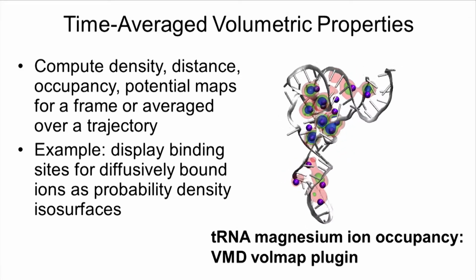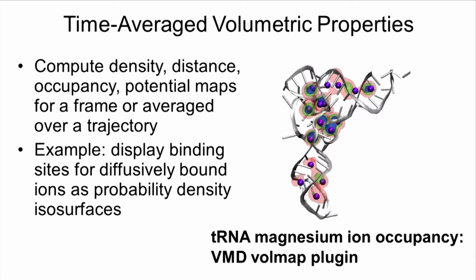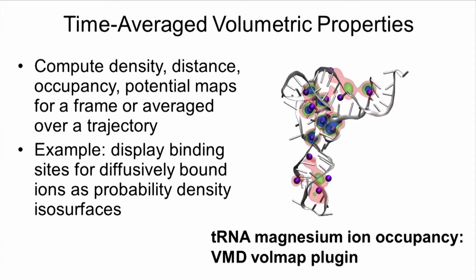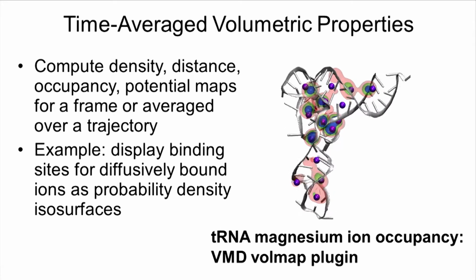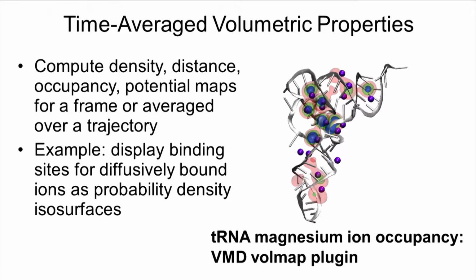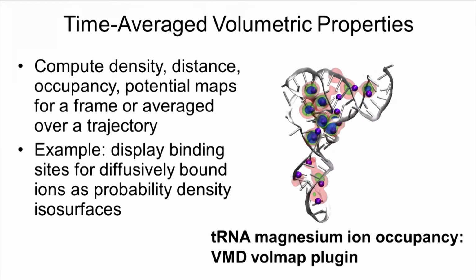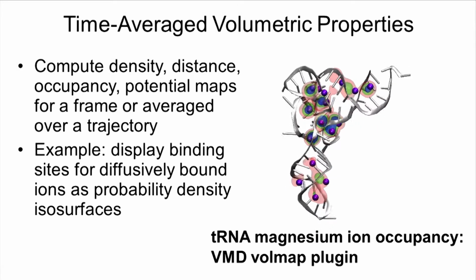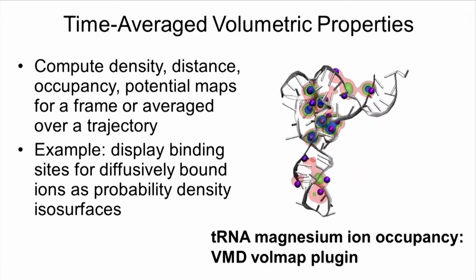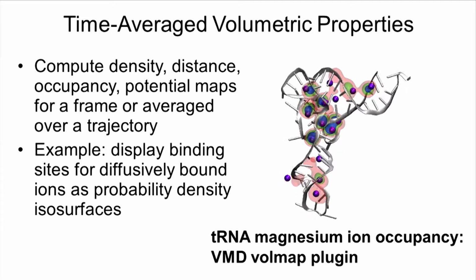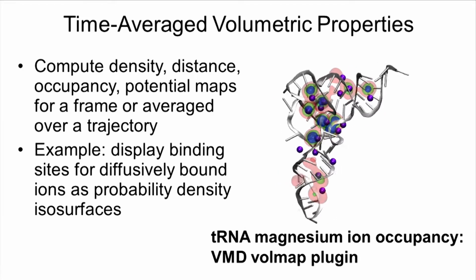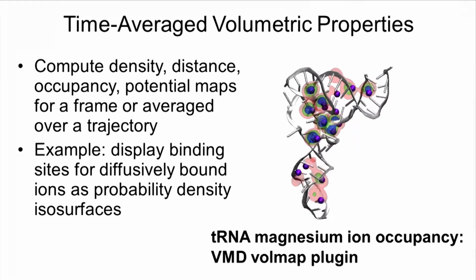And then we've got a series of nested probability density isosurfaces, and the trajectory is playing over the top of that. So this is an example of something where you produce a density map from something that happens over the course of the trajectory. You can do that with occupancy, you can do that with atomic density and various other quantities.